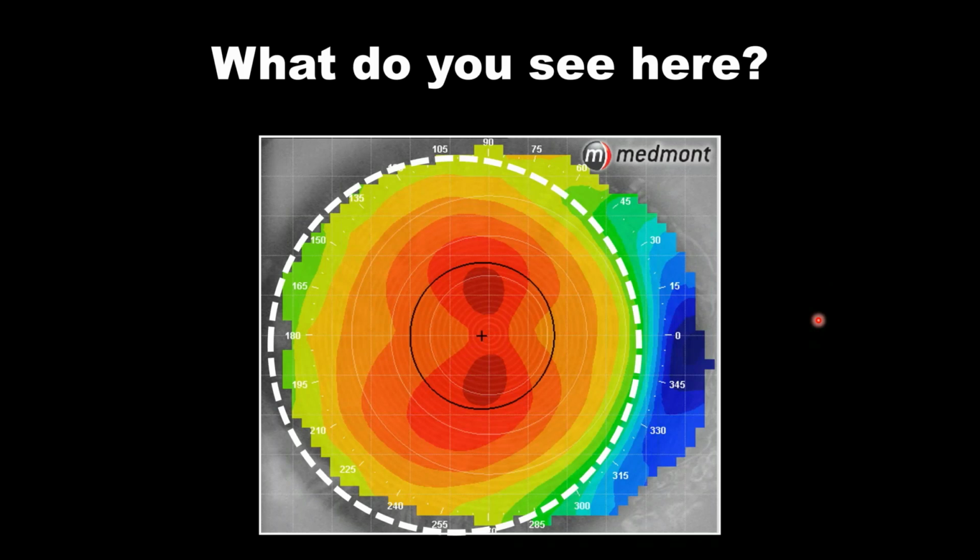Now, let's just review this visual axis versus geometric, because this always brings great confusion among many in the industry. What is the benefit of doing a visual axis versus a geometric? Why would I do both? Now, as you can tell, this is a right topography.